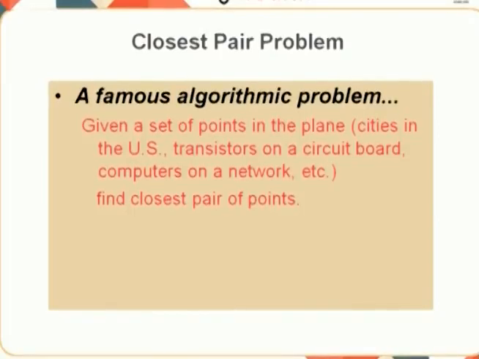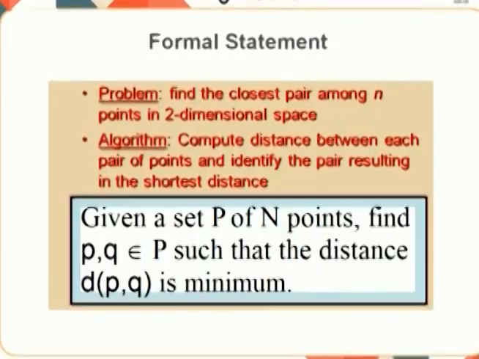This is a very interesting problem from computational geometry. We will encounter this problem in algorithm study in a number of ways. Let us try to give a formal statement for this problem.